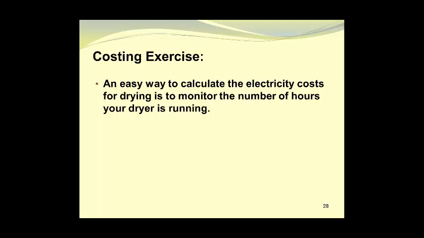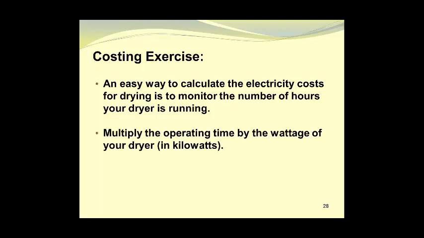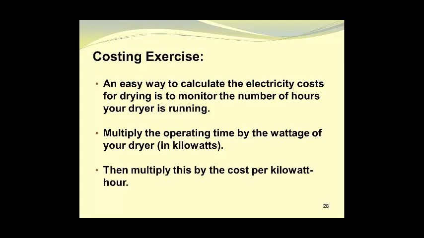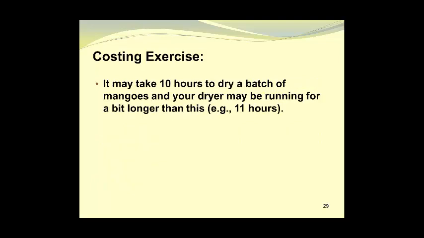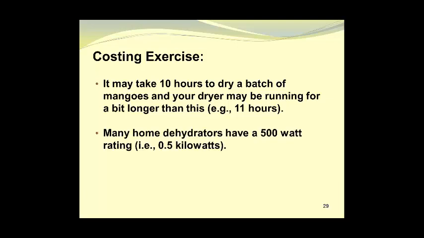An easy way to calculate the electricity cost for drying is to monitor the number of hours your dryer is running. Multiply the operating time by the wattage of your dryer in kilowatts. Then multiply this by the cost per kilowatt hour. It may take 10 hours to dry a batch of mangoes, and your dryer may be running for a bit longer than this, for example, 11 hours.